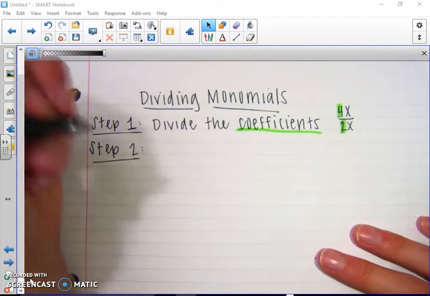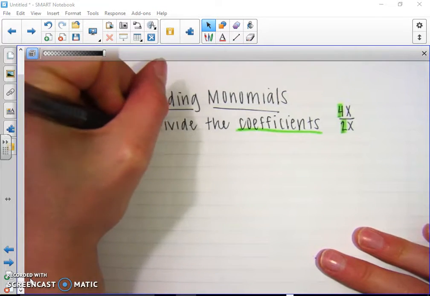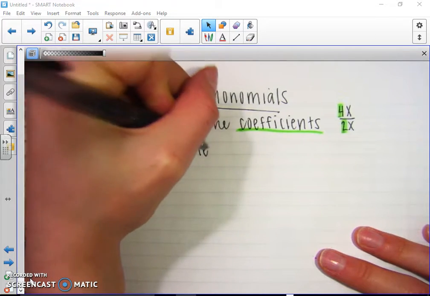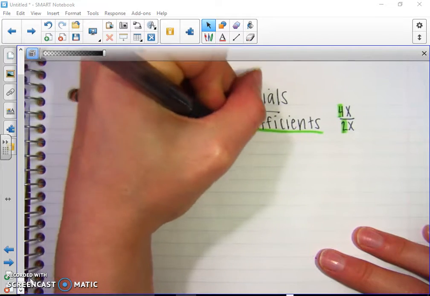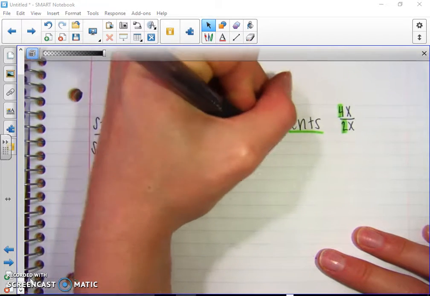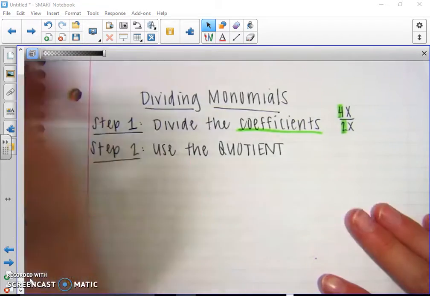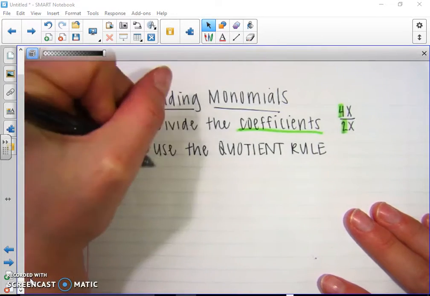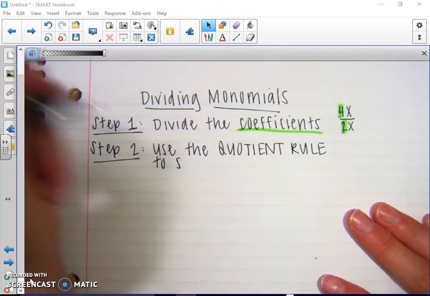Then step 2, we're going to look at the variables. So we're going to use the quotient rule to simplify the variables.